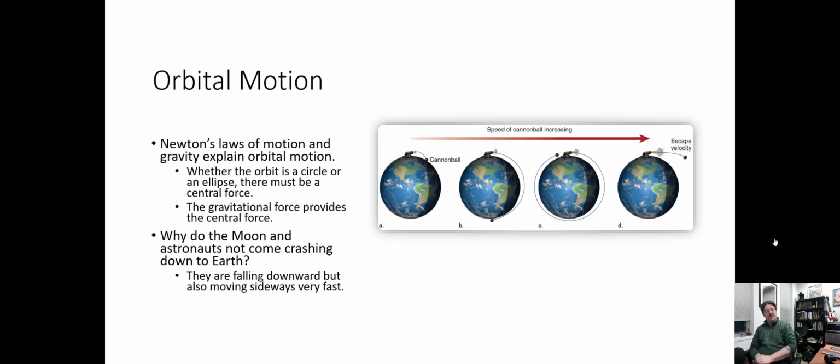For example C, the cannonball is falling, but manages to always miss the Earth. So there is an acceleration on the cannonball. There's always an acceleration on the cannonball due to gravity. There is A, B, C, and D. And that is obviously the force of gravity.